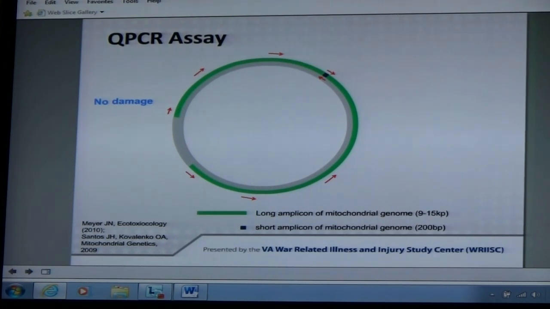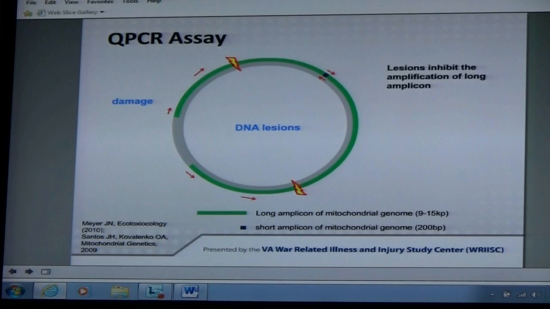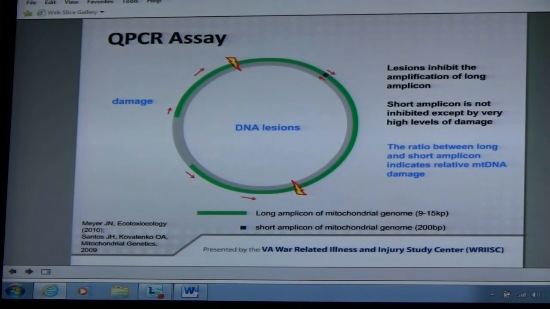However, if there's damage or lesions present, it won't be able to amplify the entire longer amplicon of the DNA. So we look at a longer piece and a smaller piece of the mitochondrial DNA, and we look at that ratio, and that ratio gives us some evidence of damage.